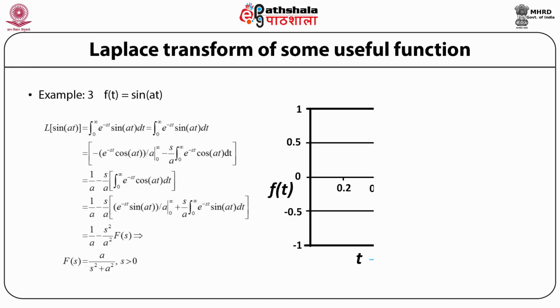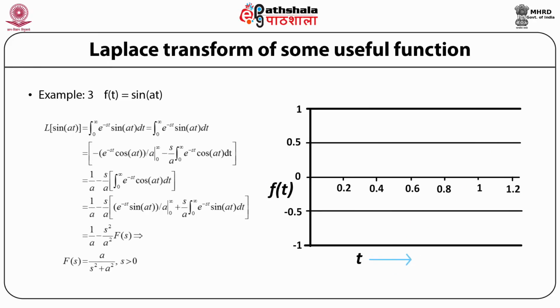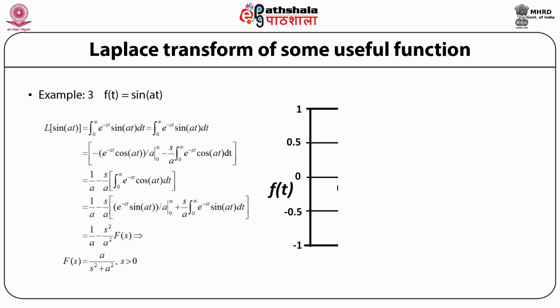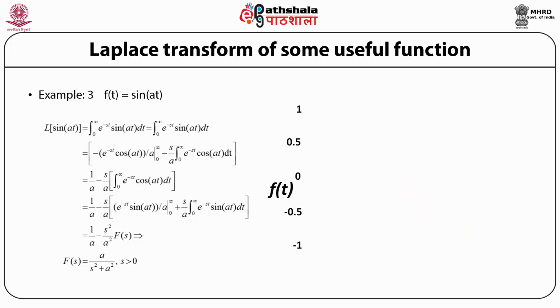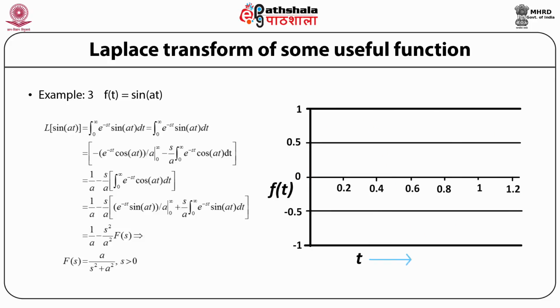Let us see a function which is sine of at. Sinusoidally it is going to change, and that is shown in the graph on the right side. Now Laplace of sine of at is going to be a little difficult and cumbersome, but let's just go through that process. We have e power minus st into sine of at dt integrated from 0 to infinity, and the way we are going to do it is we are going to use the uv dv method.